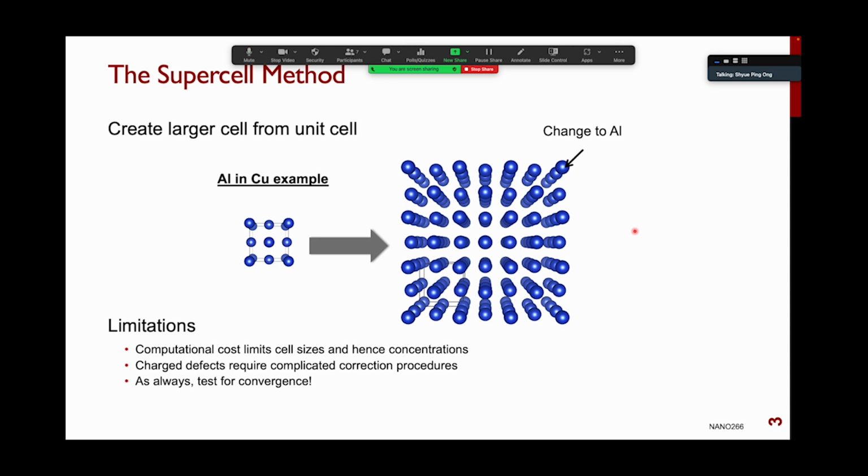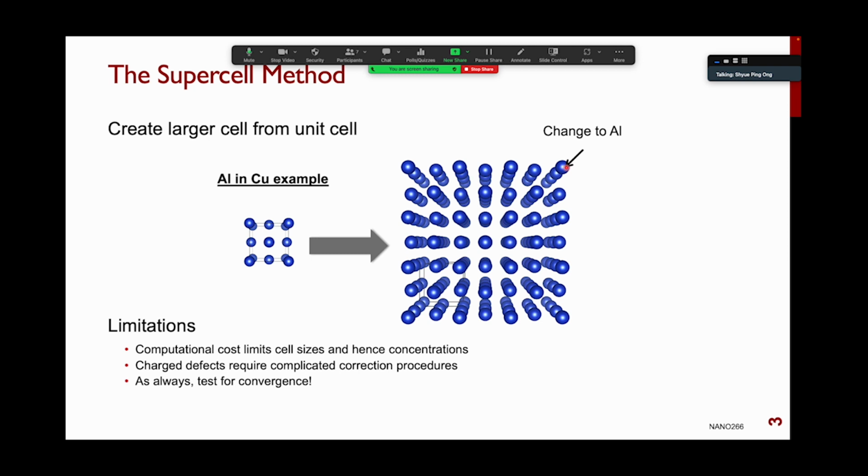So just a recap of the supercell method. When we try to simulate defects, the way that we create a model defect system is to take a bulk unit cell and then create a much larger supercell, and then change one of the atoms. Say if you want to dope aluminum into copper, we will substitute one of the atoms from copper to aluminum, and that gives us a model doping structure, right?